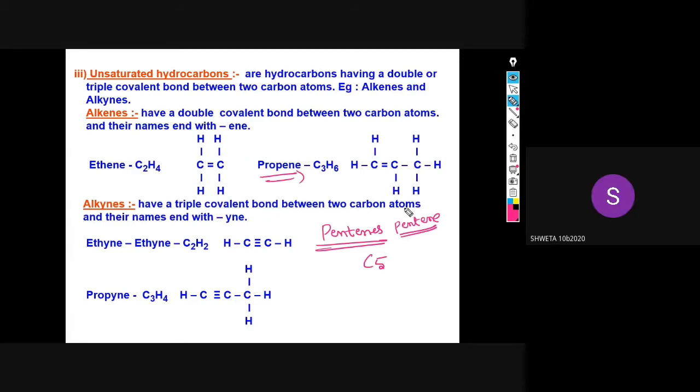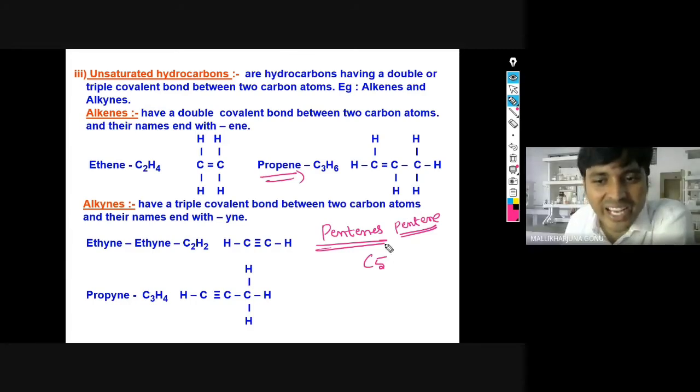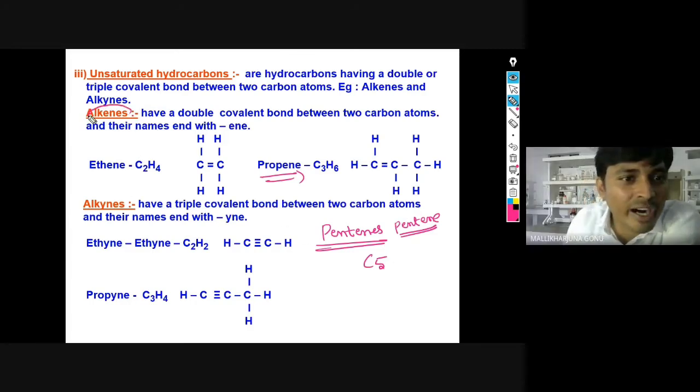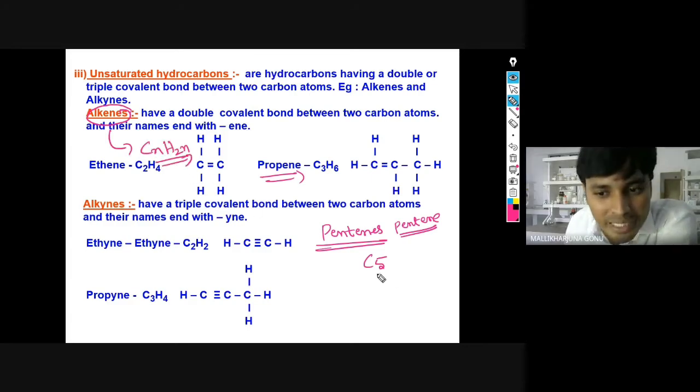Sir, C5H10. Very good, C5H10. What is the alkene's general formula? What I said just now? CnH2n. That means the number of carbons is 5, then H2n, 2 into 5, 10. Simple. C5H10.